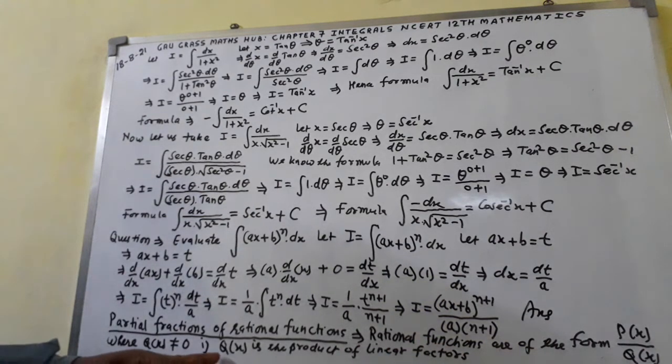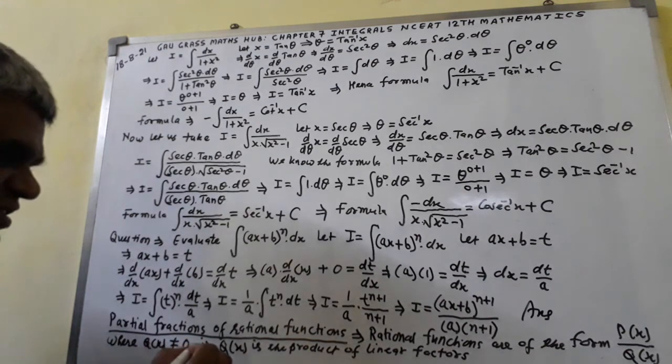Roman 1, qx is the product of linear factors. So what we'll do in this case? Here I shall write, the denominator will become the product of linear factors.